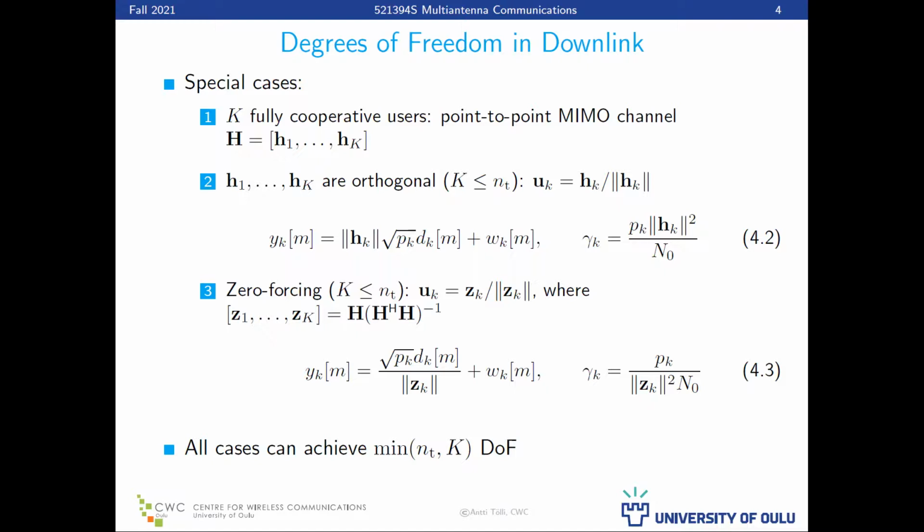Because they happen to be orthogonal. And then the system model simplifies to a single multiple-input single-output channel, as if the other users were not there, with the corresponding SNR.